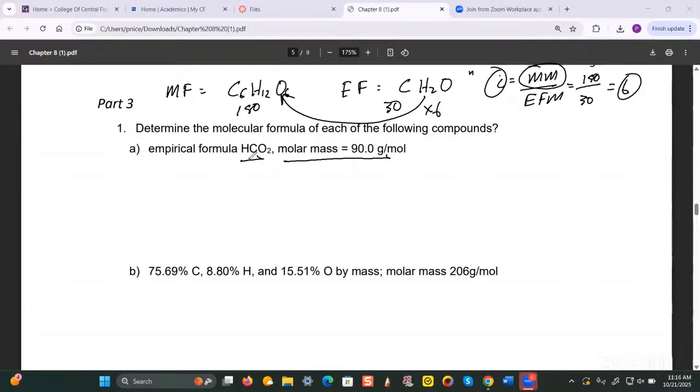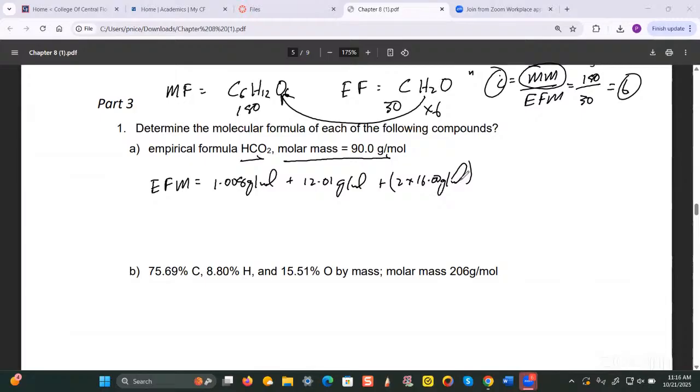So basically, you can use the empirical formula to find the empirical formula mass. The empirical formula mass would be 1.008 grams per mole plus 12.01 grams per mole plus 2 times 16.00 grams per mole, all right? So we need to work that out.